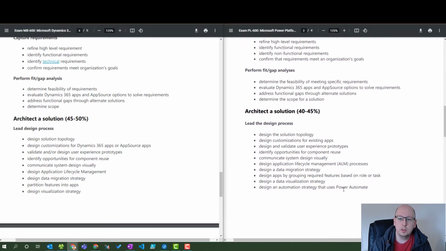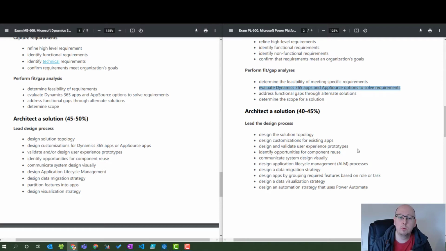Now that's not to say that you're not going to have to understand Dynamics 365 apps. We can see in that perform fit gap analysis up here, evaluate D365 apps and AppSource options to solve requirements. You're going to have to know what is available in Dynamics 365 and the first party apps that they offer. So I'm thinking about customer service, sales, field service, marketing, and things like omnichannel as well.